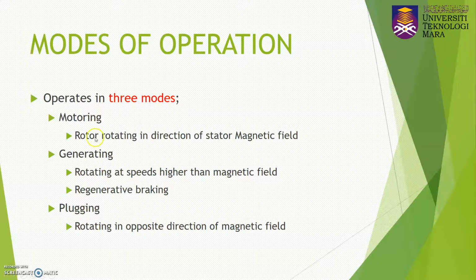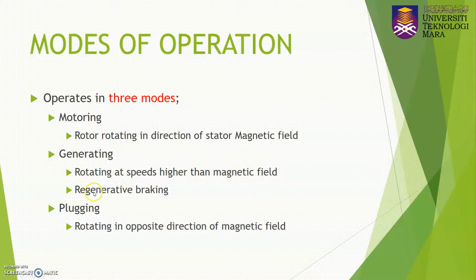In the motoring operation, the rotor rotates in the same direction as the stator magnetic field, meaning that the Nr direction is equal to the direction of Ns. In the generating mode of operation, the rotor rotates at a speed higher than the magnetic field, meaning that Nr is larger than Ns.